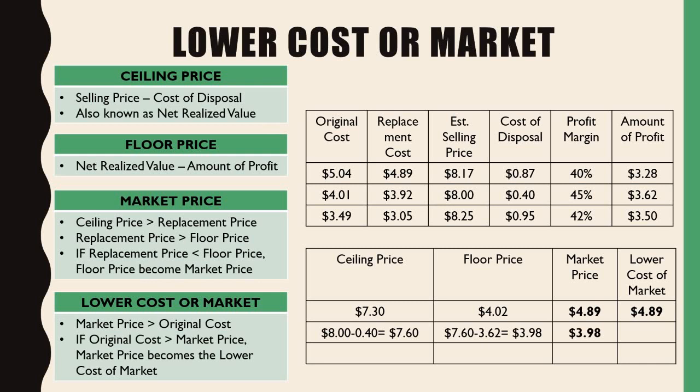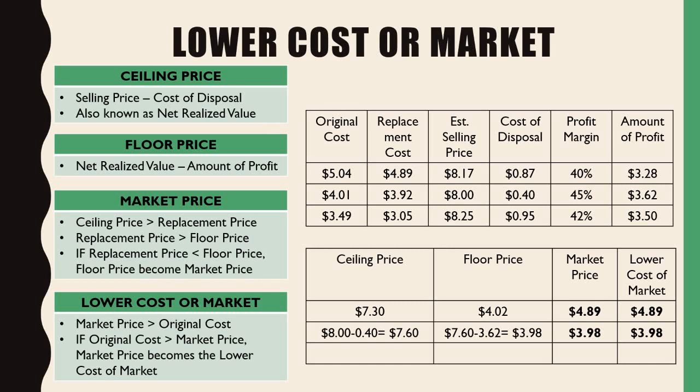Now, let's compare. Which one's lower? My original cost of 401 or my market cost at $3.98? Remember, my market is going to be in the middle between the three numbers. 392 is my replacement.